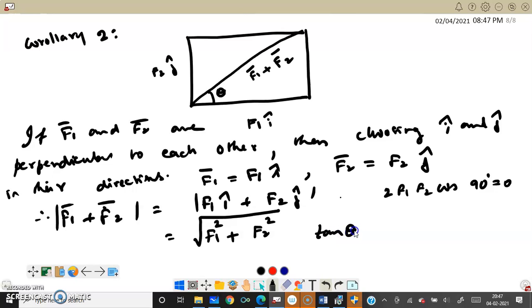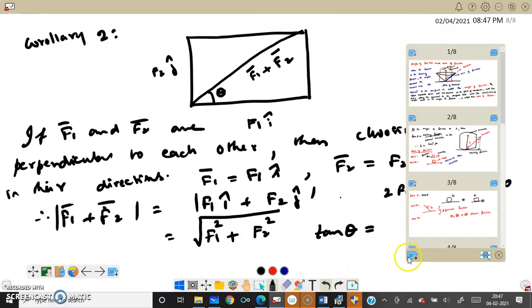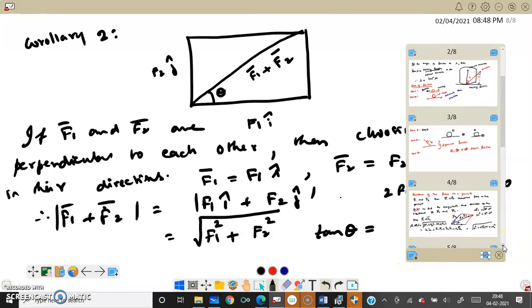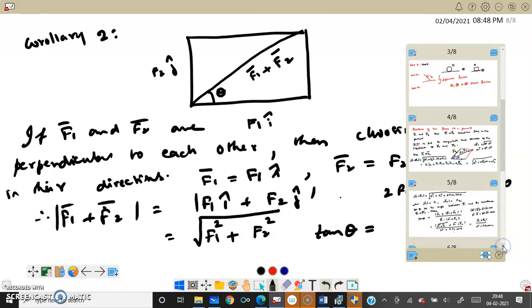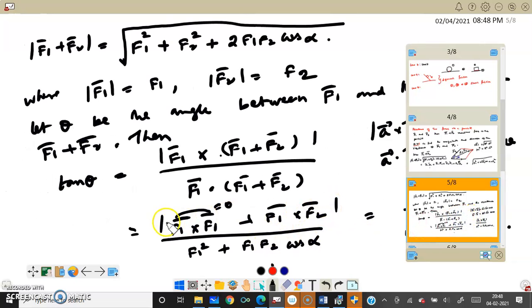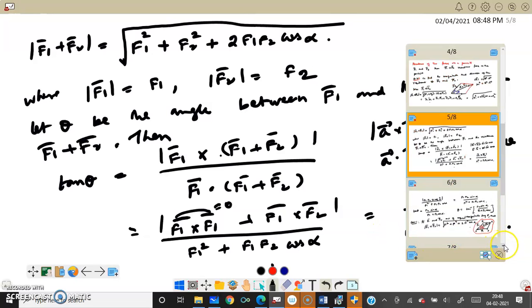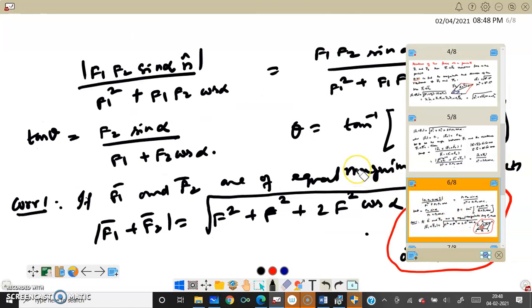Okay, then similarly tan theta. Previously we saw tan theta is F2 sin alpha divided by F1 plus F2 cos alpha.